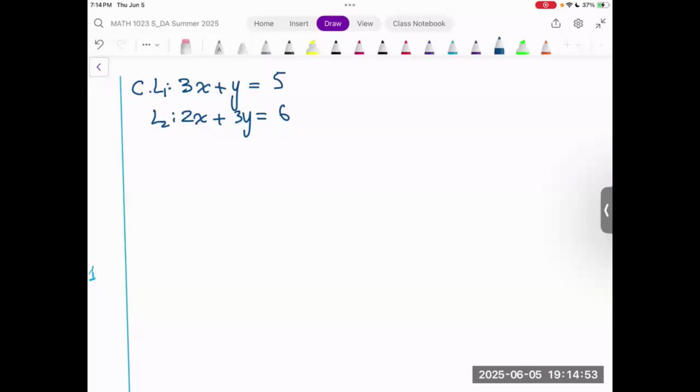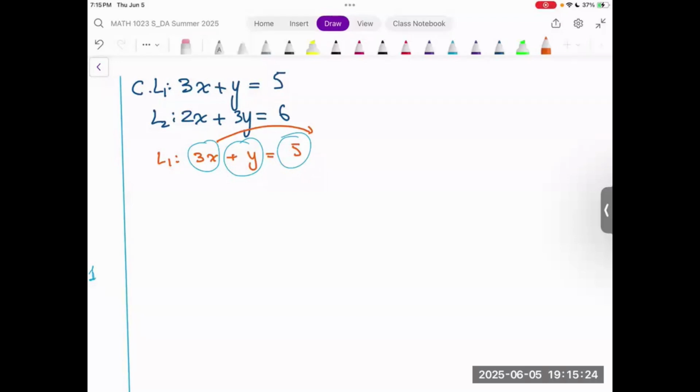Okay, so here we are lucky because both of them have positive y's, right? Let's start with the first one, L1. We have 3x plus y equals 5, right? The three bubbles are, what we're going to do first? Move the term next to the y.